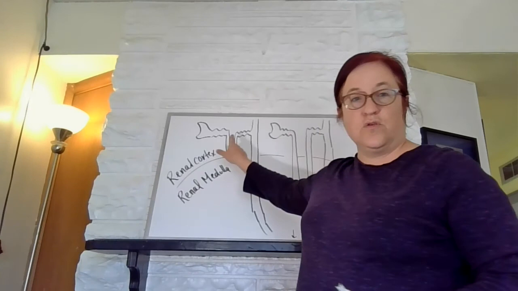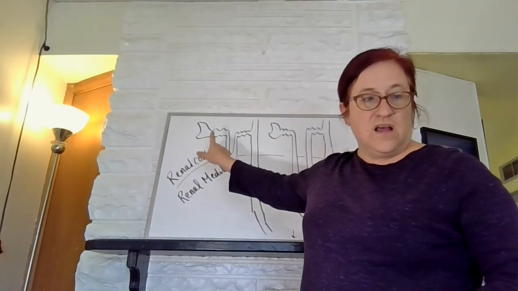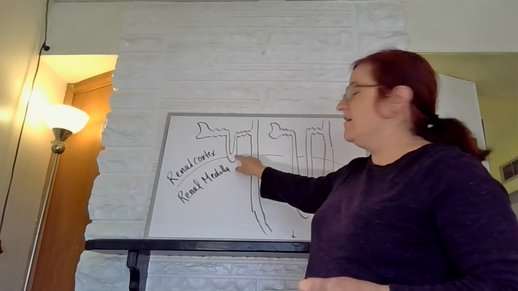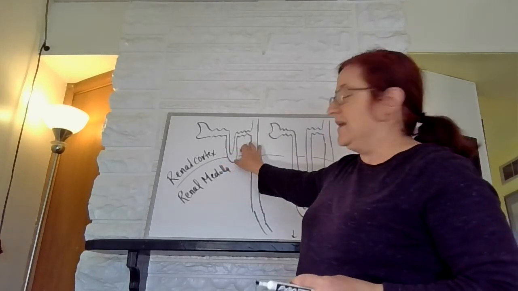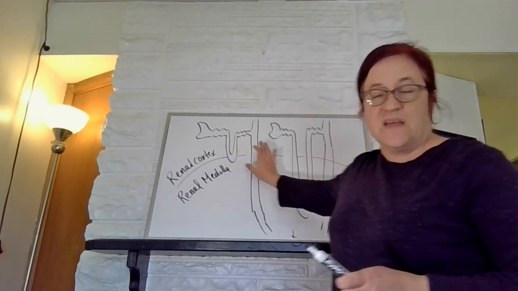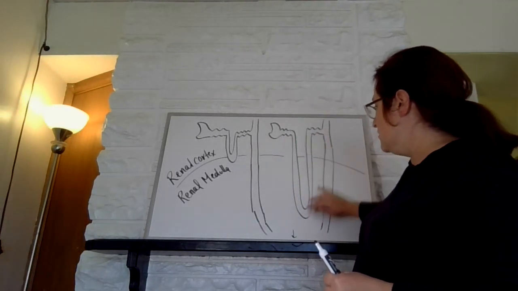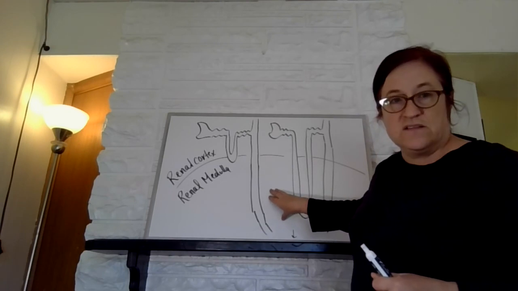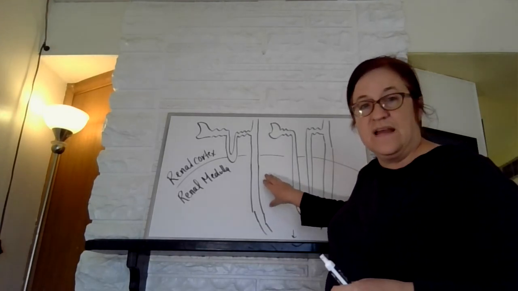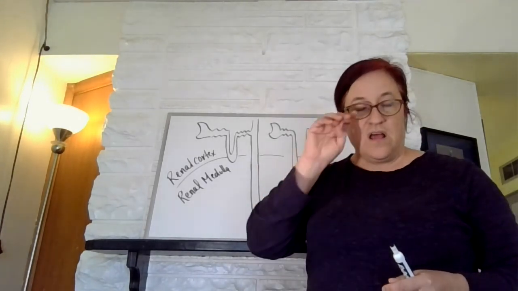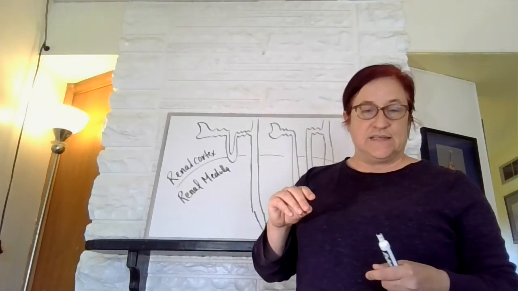These shorter nephrons are called cortical nephrons because pretty much all of the nephron is only in the renal cortex. The juxtamedullary nephrons have longer loops of Henle that go into the renal medulla, and they're important in terms of concentration of urine and diuresis.